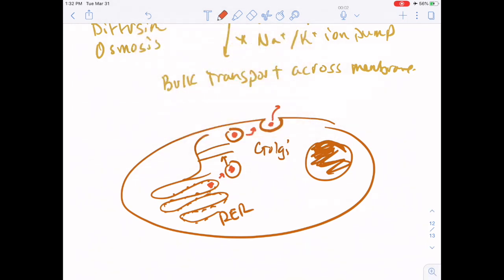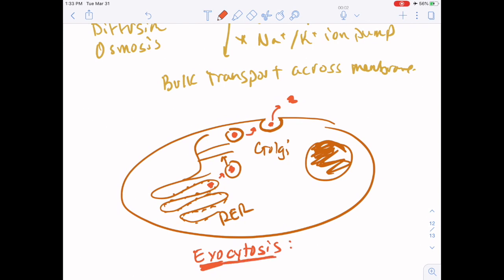So now our little protein is outside the cell. That's a form of bulk transport, and it's called exocytosis. Exo means to go out.